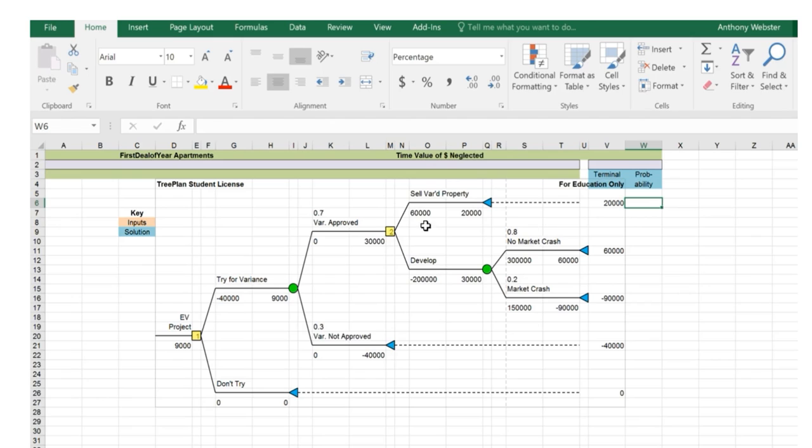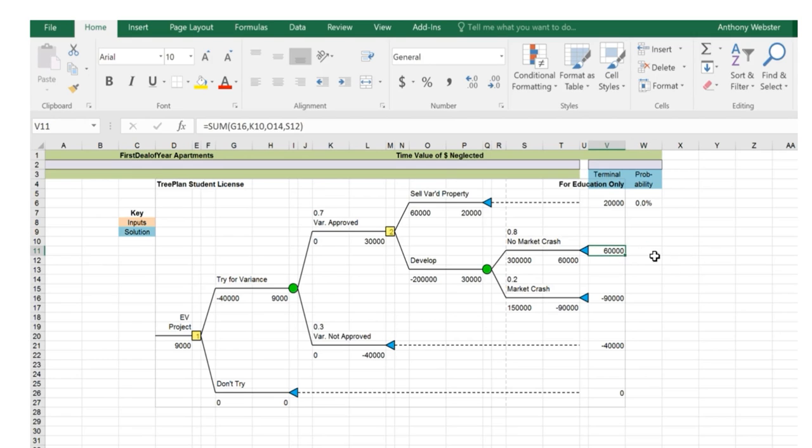Okay, so starting up here, the software is telling us take branch 2. Branch 1 is always on top, and then it goes down. So branch 2 is down here. So it's telling us not to take this path. So we're going to say the probability of getting there is 0. Okay, now what's the probability of getting to try for variance, variance approved, develop, and no market crash?